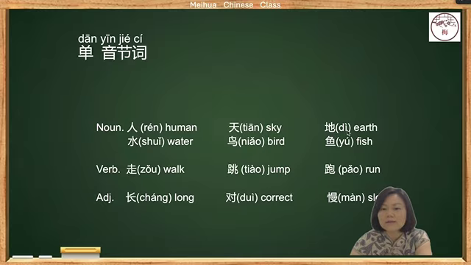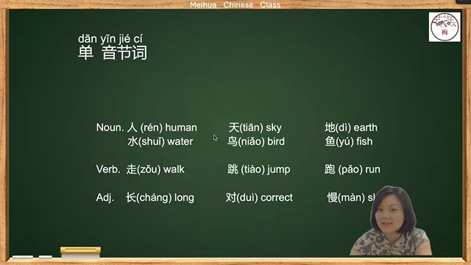地 earth. We see this phrase a lot in Chinese, 天地人, which means the most important objects in nature, in the universe. Up is the sky, 天, down is the earth, 地, and in the middle, above the ground, is human.